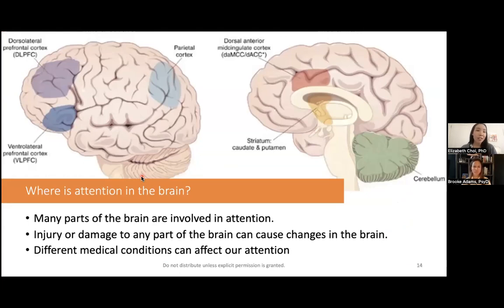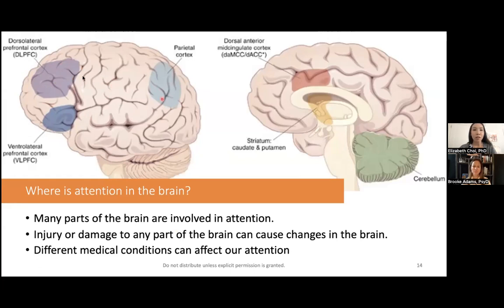We also have questions like, where is attention exactly located in the brain? A short, sweet answer is that there are so many parts of the brain involved in attention. As you can see, the blue patches and the purple patches here, the regions are really distributed across many different lobes in the brain. They could be across the frontal lobes here.